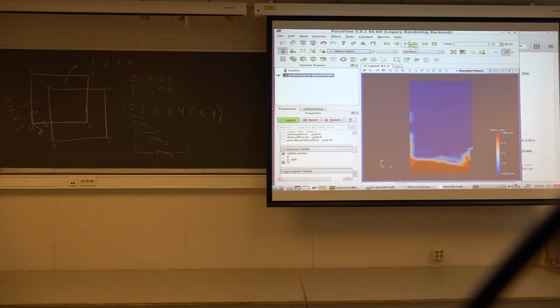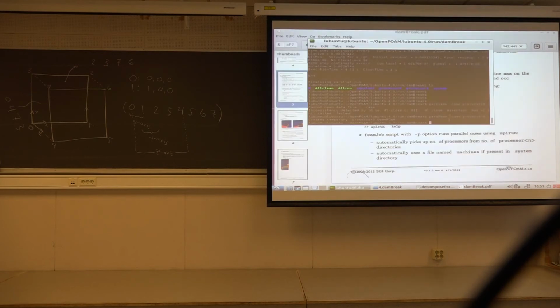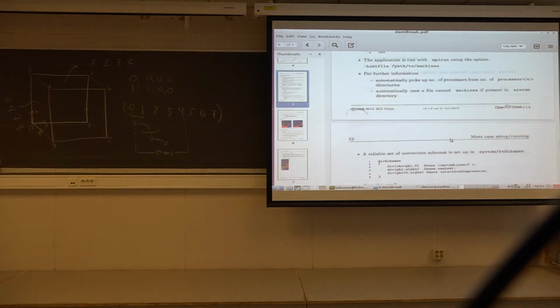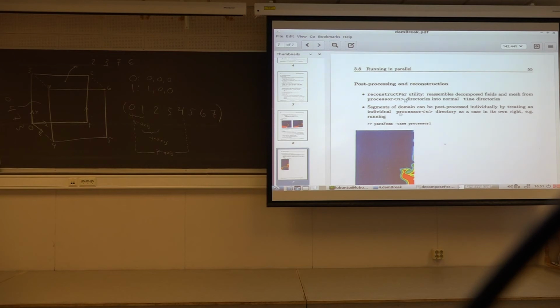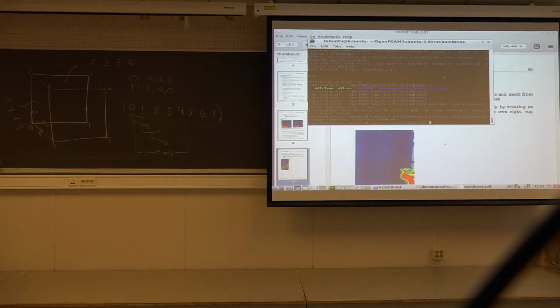So in order to get the whole thing, exit this one, and then you have a program called reconstructPar. It was reconstruct, par.